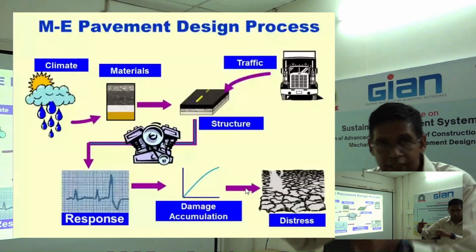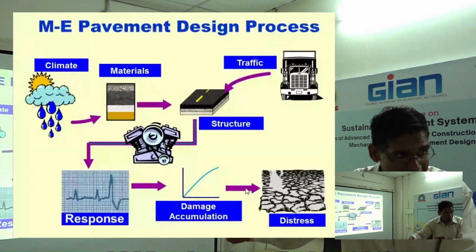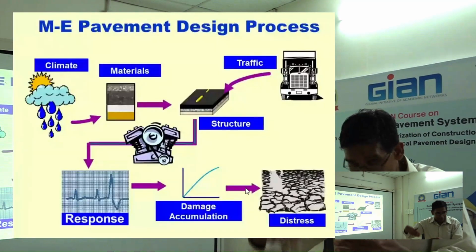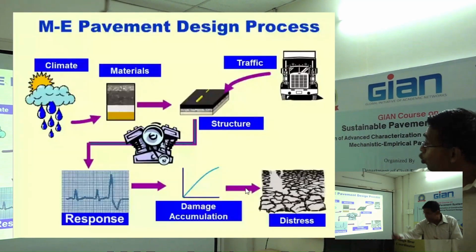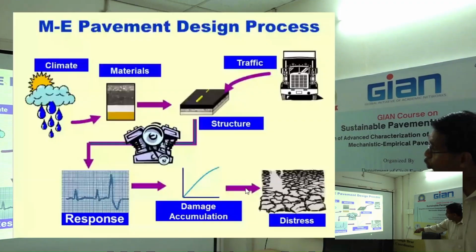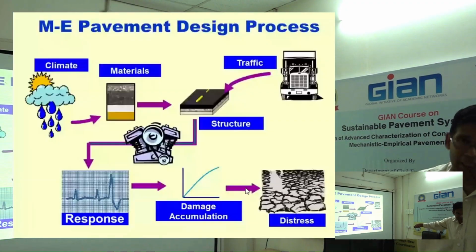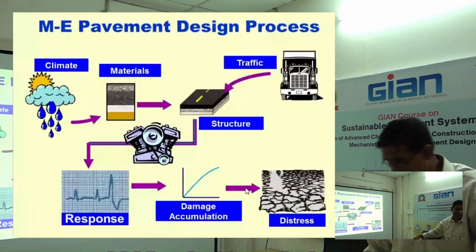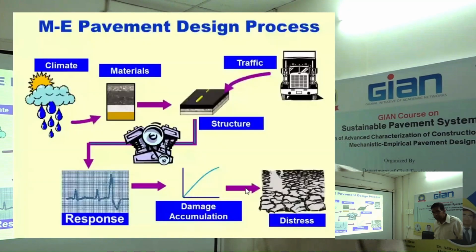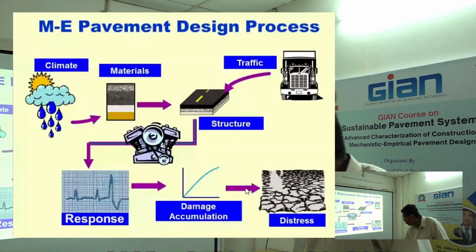Today I told you, what is the time now? 9:20, 9:21, 9:22, 9:23. Now there are software. You can always add the damage, but you will eventually have to correlate statistically to cracking or rutting. Correct? Any questions so far? This is the basic concept of MEPDG.